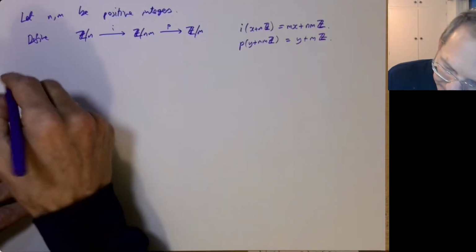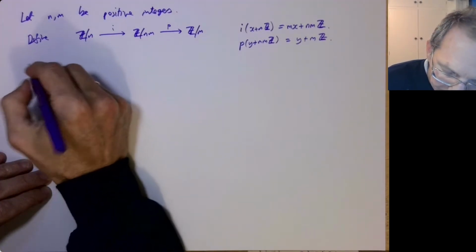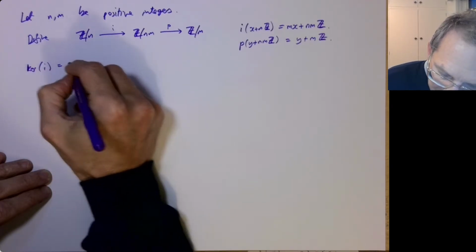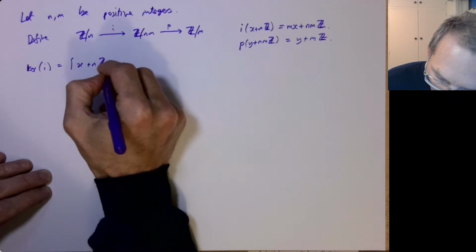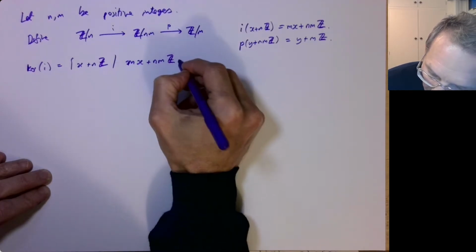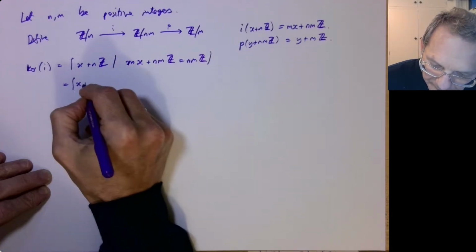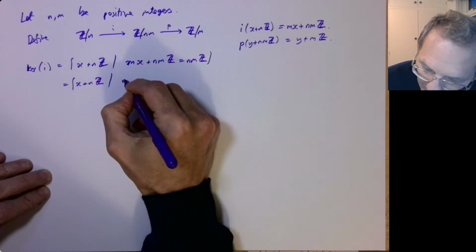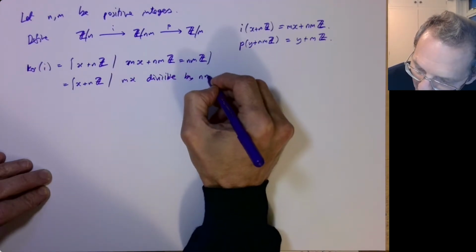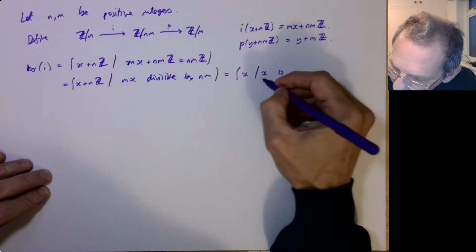Okay, so what's the kernel of I? That's the set of x plus nZ such that mx plus nmZ is equal to the zero coset nmZ. So that's the set of x plus nZ such that mx is divisible by nm, which is the set of x such that x is divisible by n.